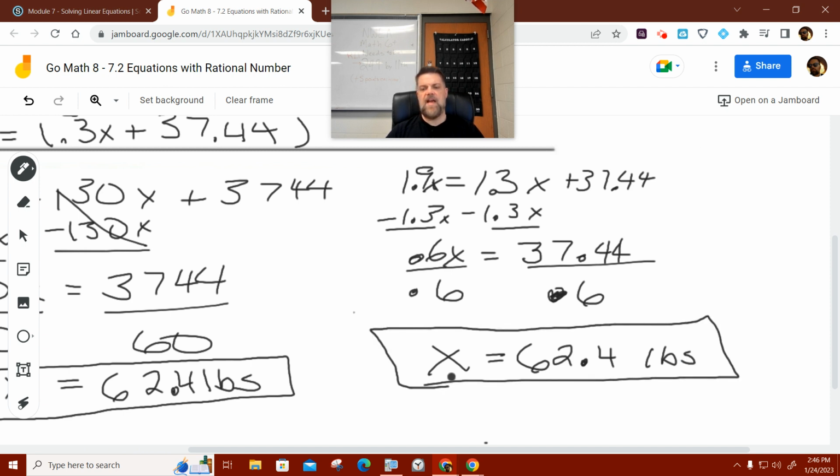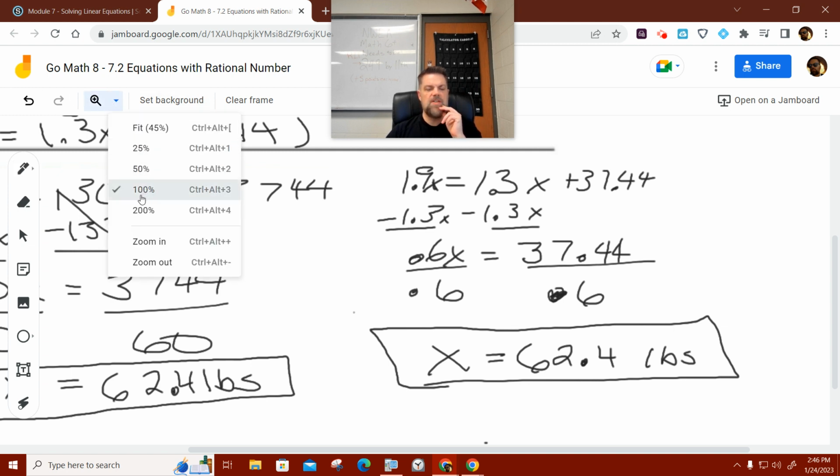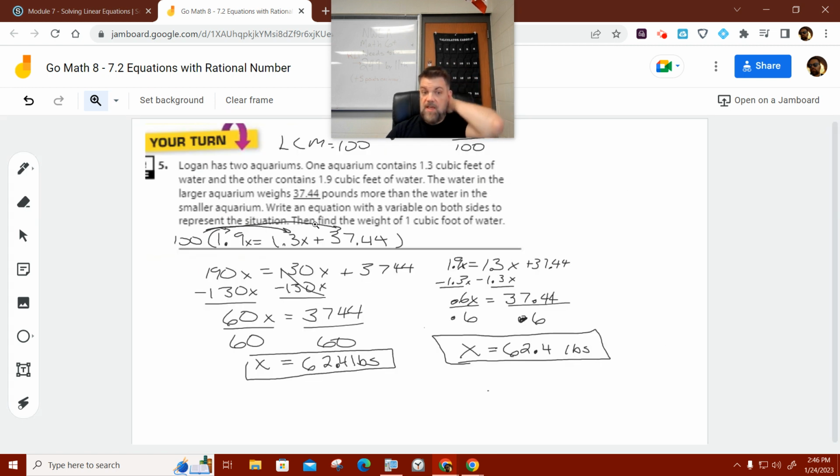Now, I kind of glossed over this, but where did the pounds come from? Well, you've got to read the question again. So one of the things that you guys could practice is reading the question more than once. It says right here that it's 37.44 pounds more. So there's a certain number of cubic feet, and that cubic feet has a certain weight. So 1 cubic foot of water has a weight.